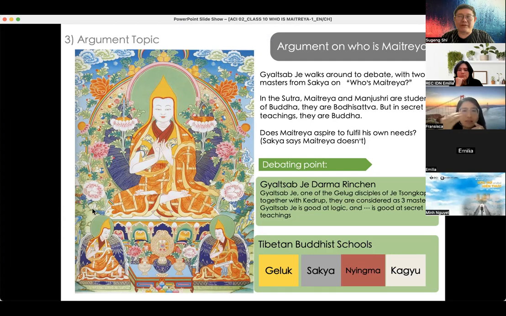And you can see seated in front, left and right, his two main disciples, two main students. The left one is Gyaltsabje, the right one is Khedrubje, right? So we see here Gyaltsabje Darma Rinchen is the main one. Gyaltsab means the throne holder. Throne holder means he is the next in line after Je Tsongkhapa passed away, right? Followed by Khedrubje after that.